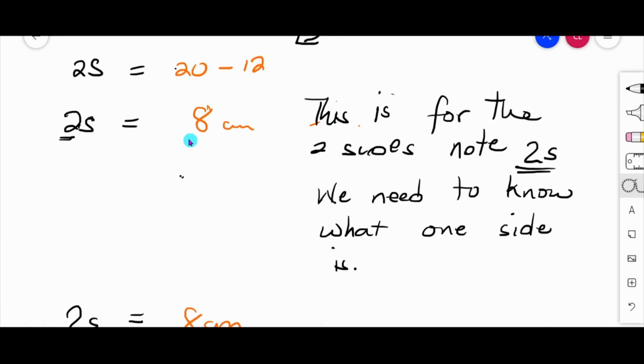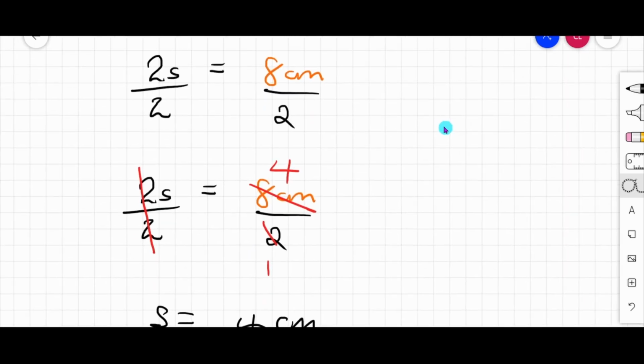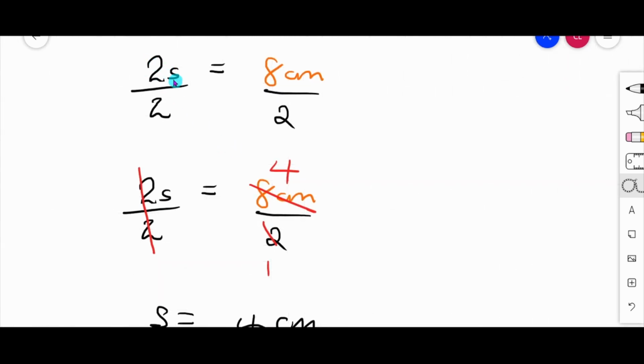Now, something you need to note. This 8 is for the 2 sides. Note 2S. Note we said 2S. We need to know what one side is. Alright, so let's continue doing a little bit of algebra. I want to get S by itself, and S represents the length of one side.